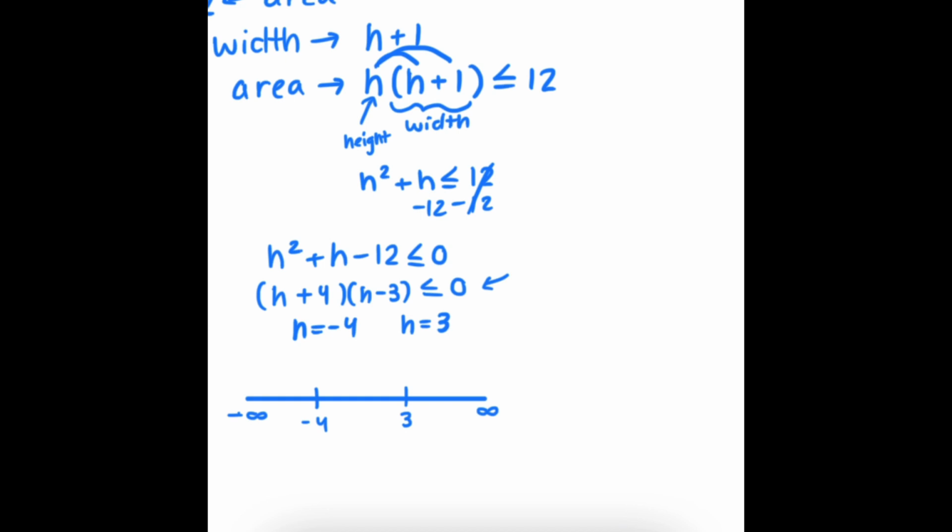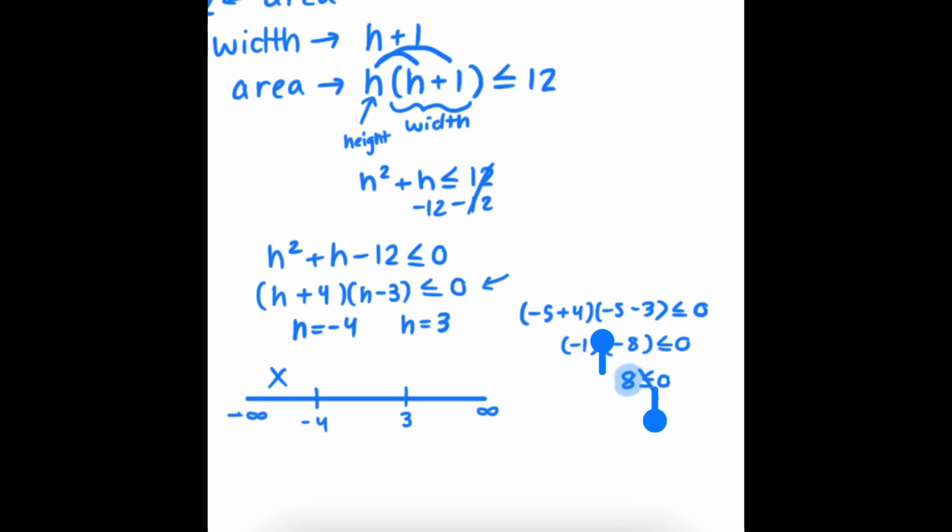So if I plug in a -5, that's going to give me -1 times -8. So that's saying 8 is less than or equal to 0. That's not true. So this one doesn't work.